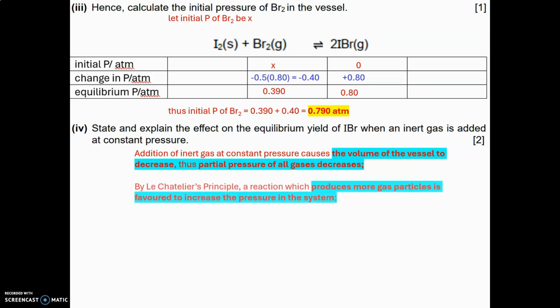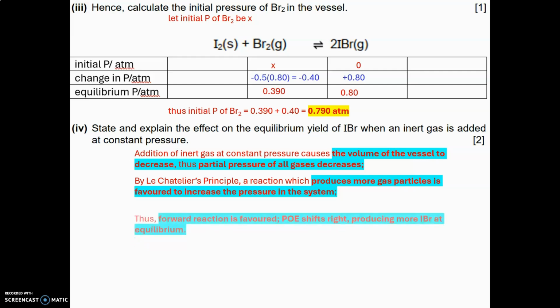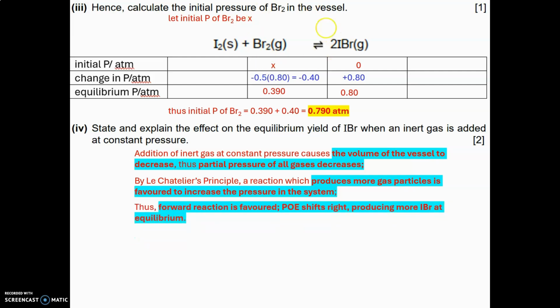So, by Le Chatelier's principle, it will favor a reaction that produces more gaseous particles to make up for the decrease in pressure, to increase the pressure in the system. So in this equilibrium system, the forward reaction is favored because we are going from 1 mole to 2 moles of gases. The position of equilibrium will shift to the right, which means that you produce more IBr at equilibrium.